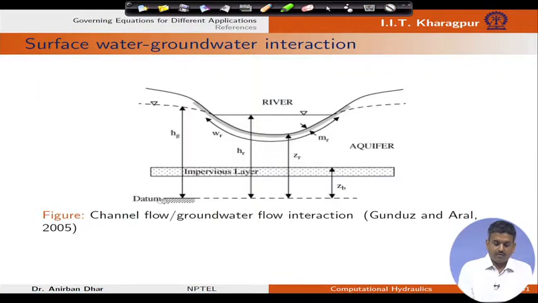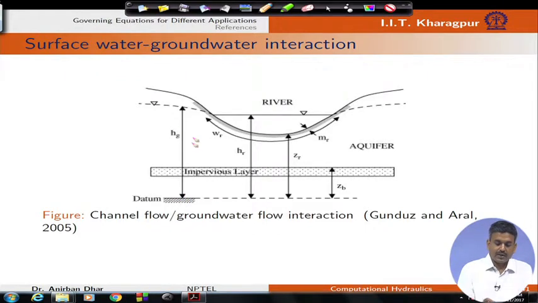So, we can consider a datum, and from this datum we can take this Hg, which is groundwater level, Hr is the river level, and Zr the bed level, and Zb is the height of our impervious layer.